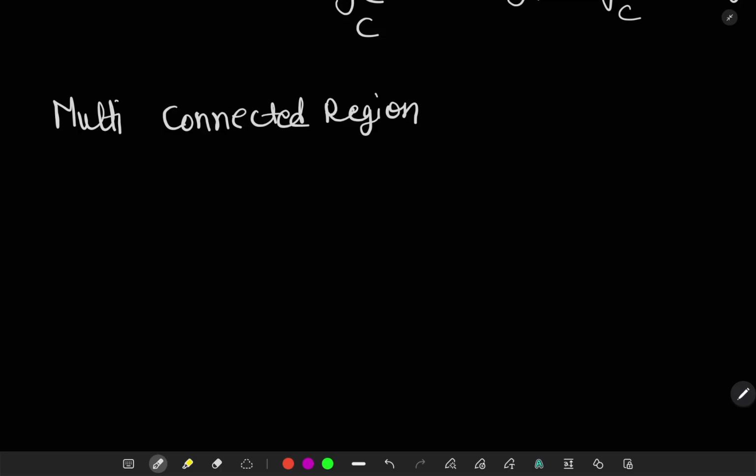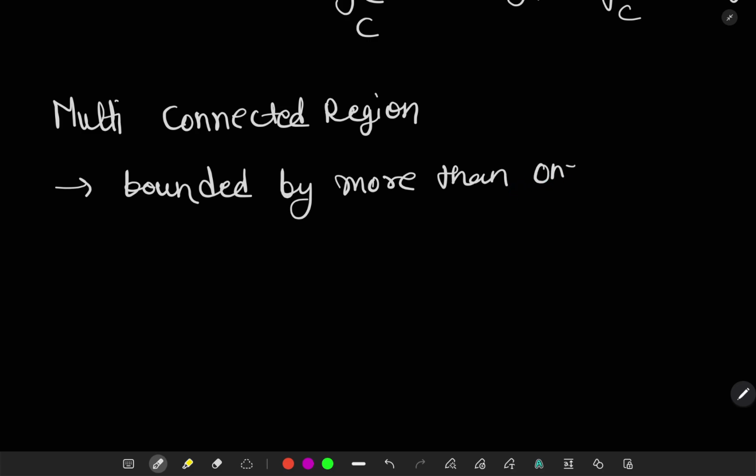It is bounded by more than one curve. We can convert a multi-connected region into a simply connected region by giving it one or more cuts.